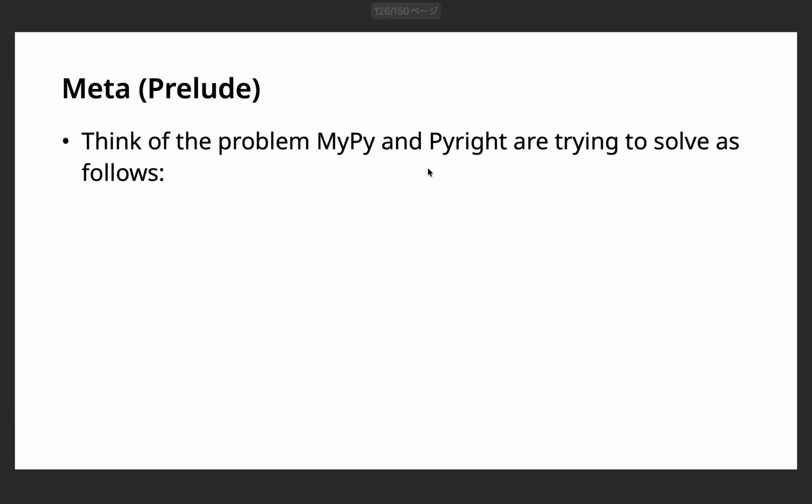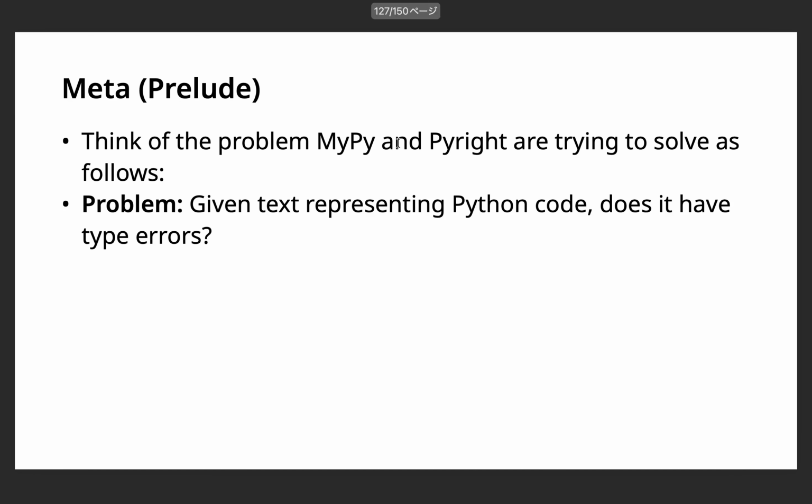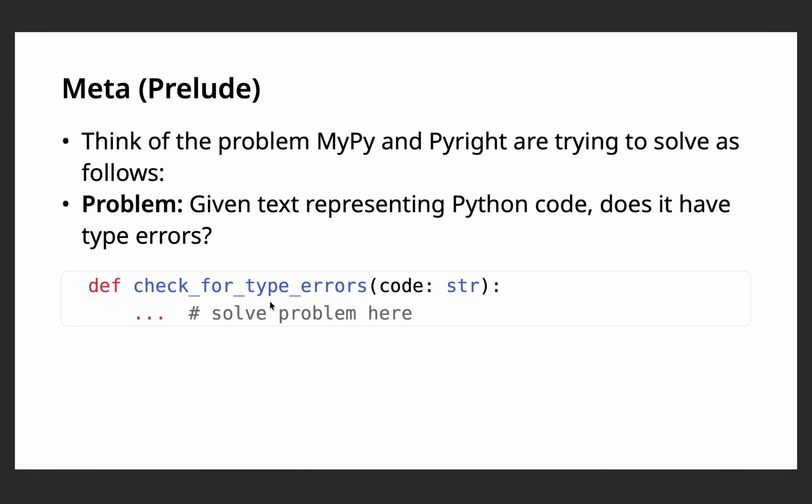So, in other words, if we were to think of these static type checkers as Python functions, they would look like this. Your problem is you have some string that represents Python code, and our task is to determine whether that Python code has type errors or not.